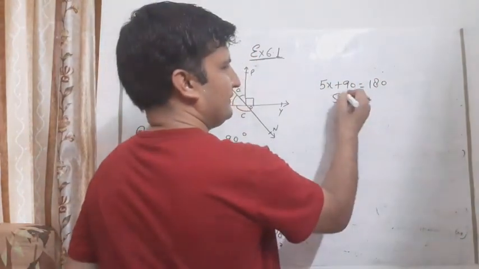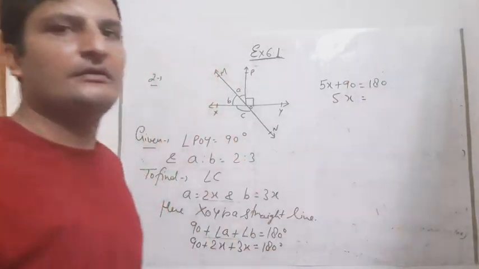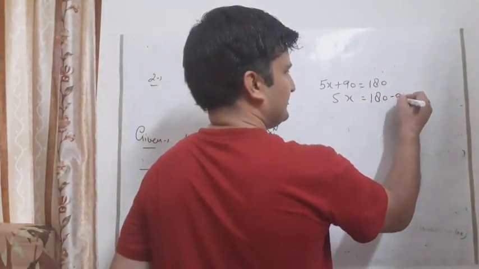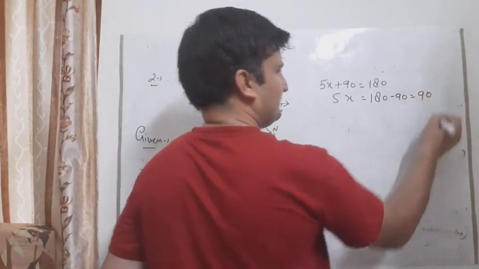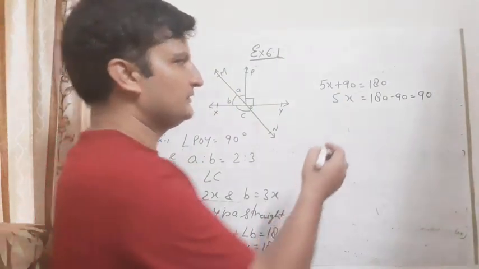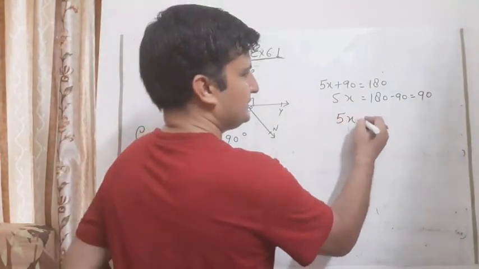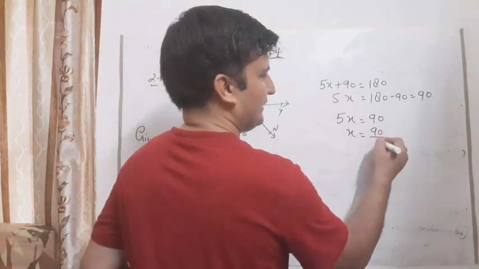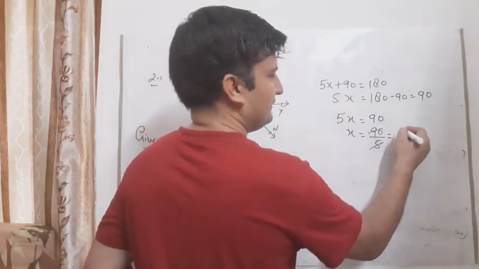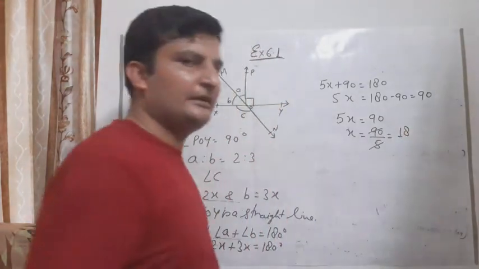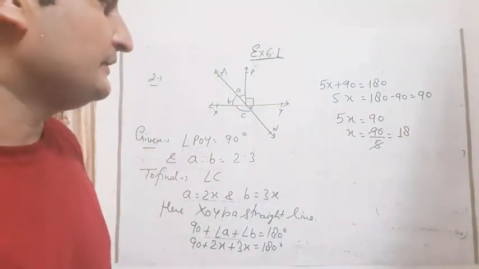So 5x is equal to 180 minus 90, which is 90. So 5x is equal to 90 means x is equal to 90 by 5, which is 18.